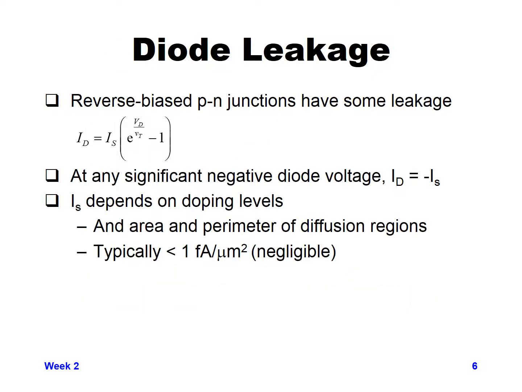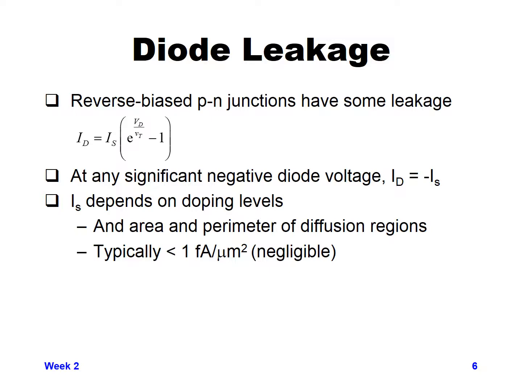For ordinary diode leakage, basically we have a reverse bias PN junction, and those have some leakage based on the equation below, where the diode current is equal to IS, which is the saturation current of that diode, and that's based on area and some other factors, times e to the VD, which is the voltage across the diode, over VT.